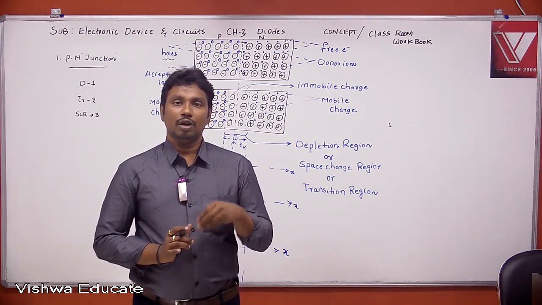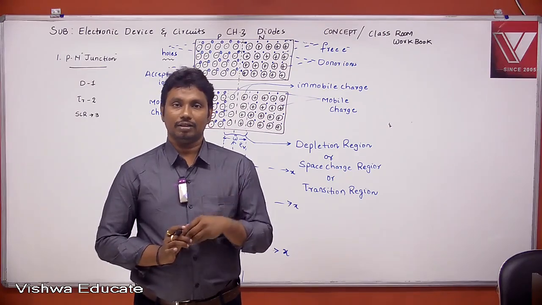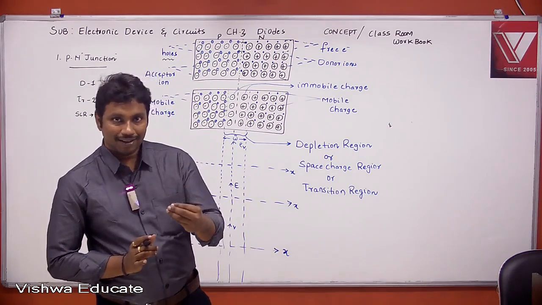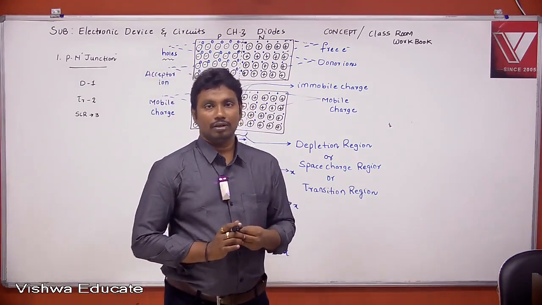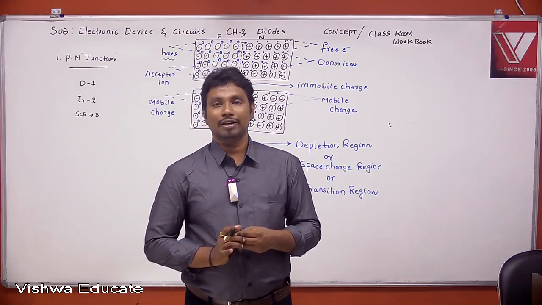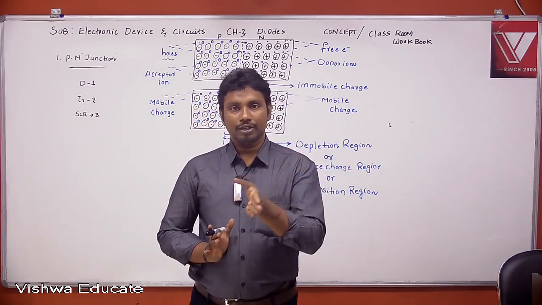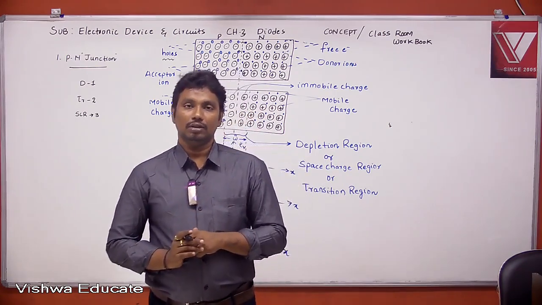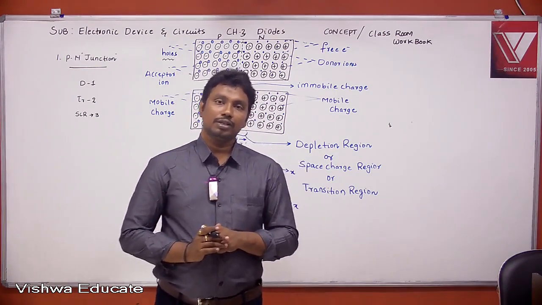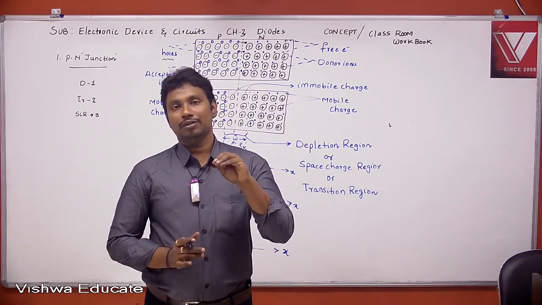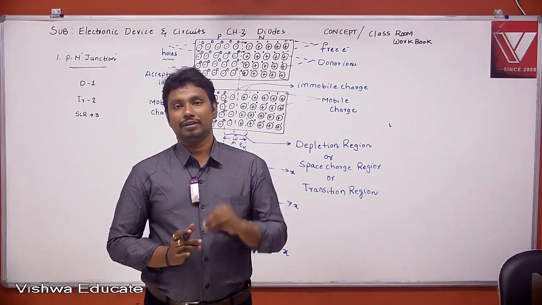Due to this concentration gradient, holes will diffuse into the N side, and electrons will diffuse into the P side.